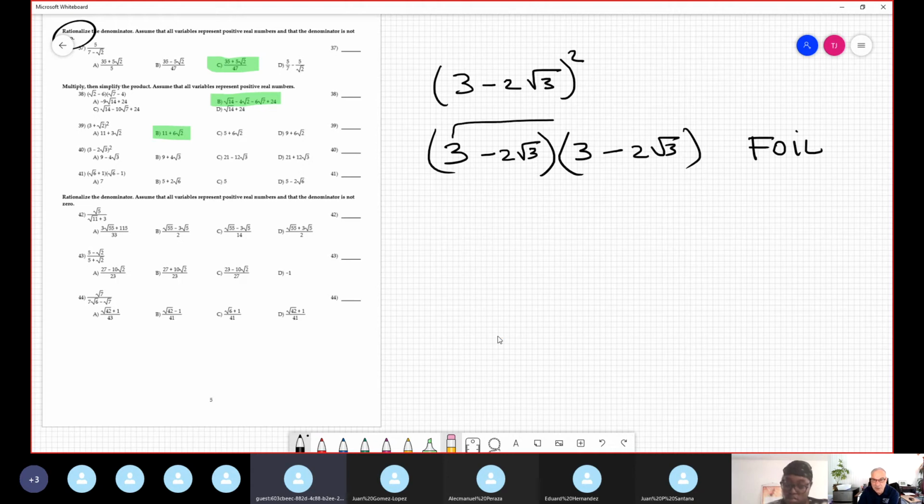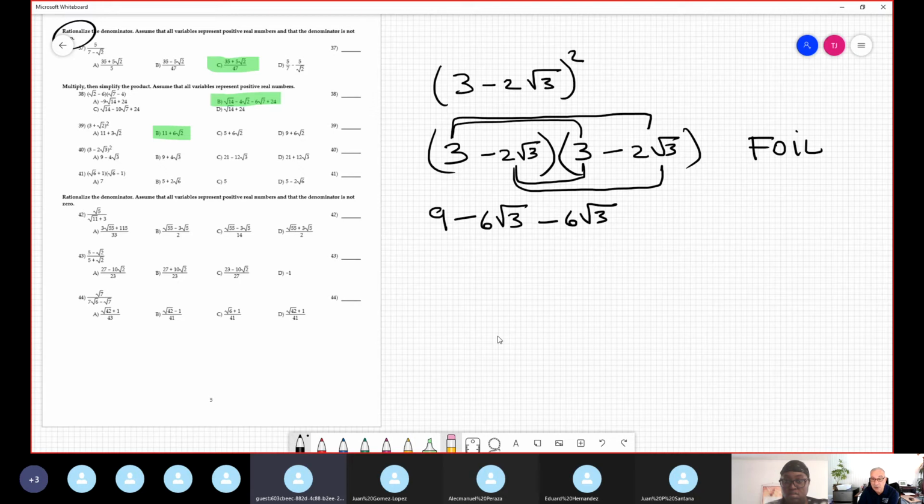FOIL: first, 3 times 3 is 9. 3 times this is 6. Remember, you multiply the number outside. That's 6 radical 3. Here, we happen to get the same: minus 6 radical 3. Where does this 6 come from? 2 times 3, no? And radical 3 is inside, I don't touch it. And the last is plus, because negative times negative is positive, 4. And radical 3 times radical 3 is 3.